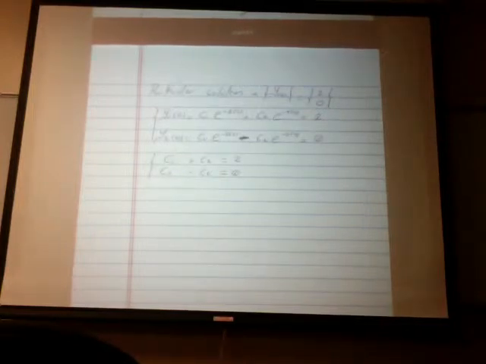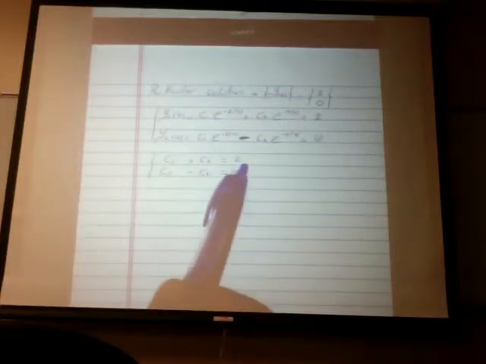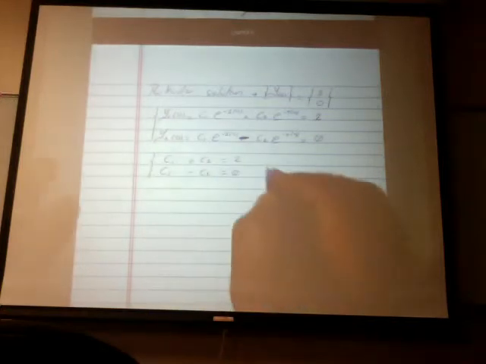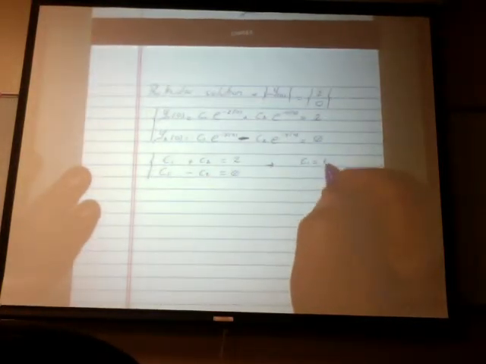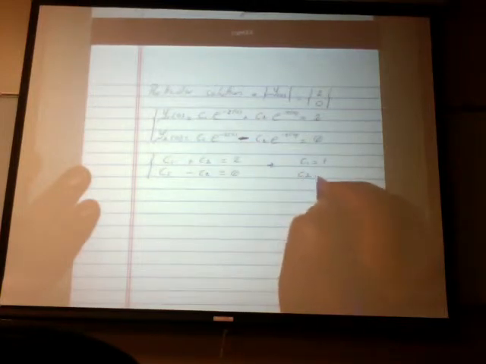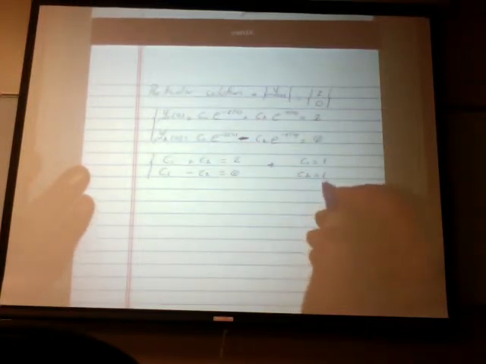We can add them, subtract them, whatever we need to do to solve them. If we add them, we get 2c1 is equal to 2. So this leads to the solutions that c1 is equal to 1 and c2 is equal to 1. We subtract them, same story.